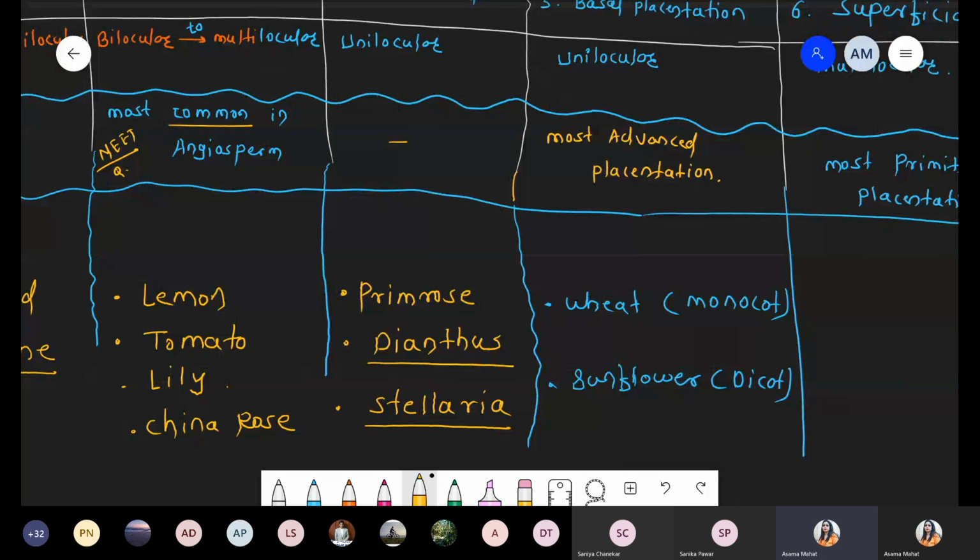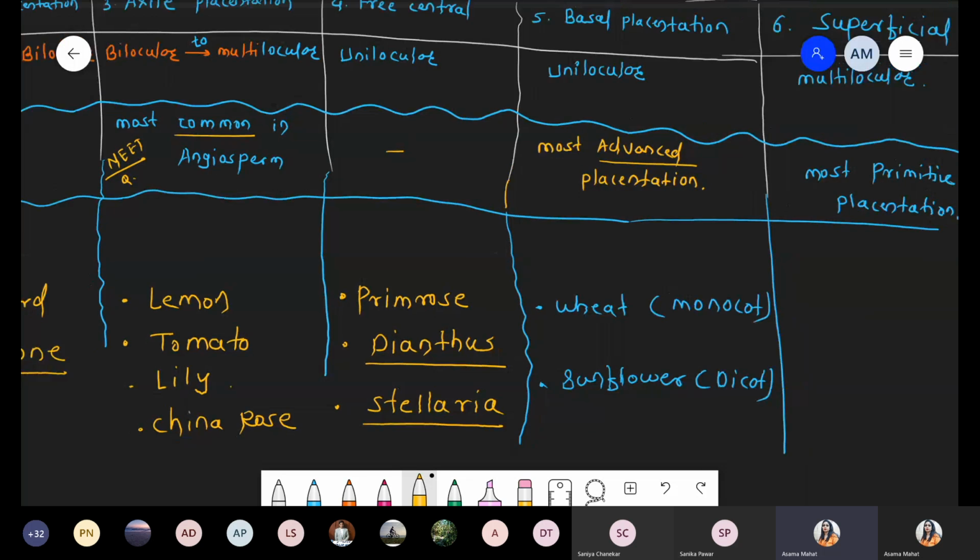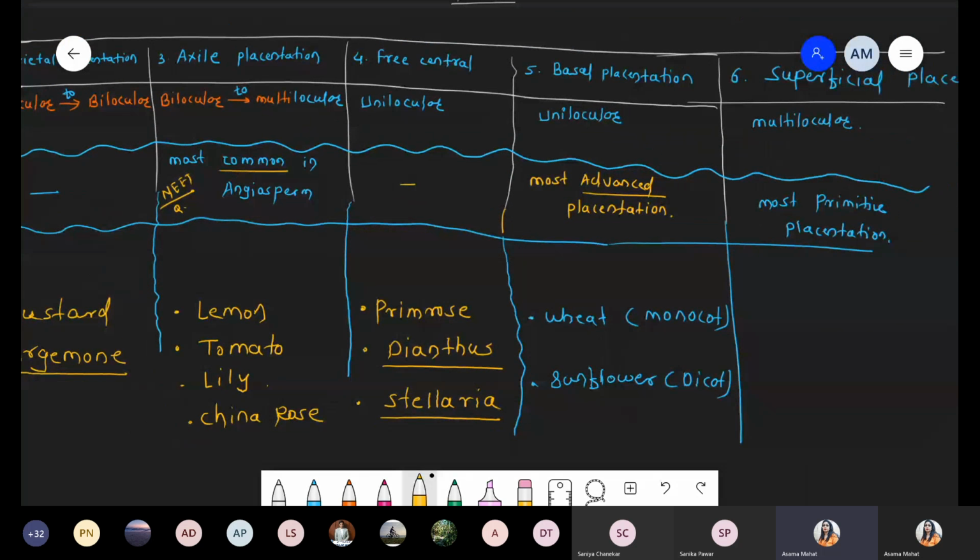Remember this thing, we already discussed that these are the most advanced placentation. Next time we'll discuss why these are called the most advanced. So wheat is one example for the monocot, and the sunflower.